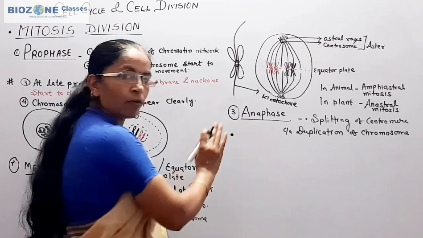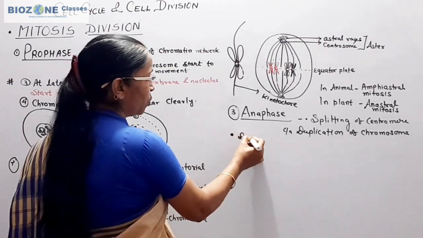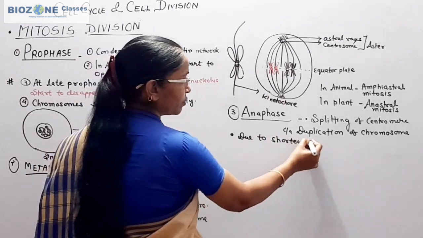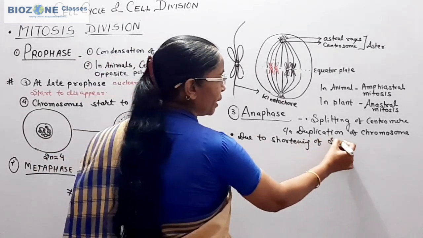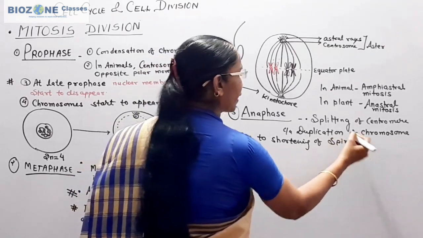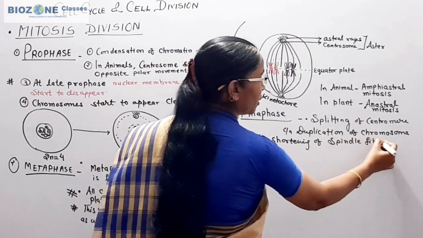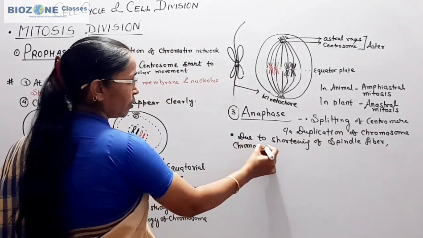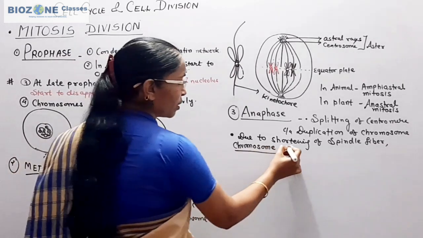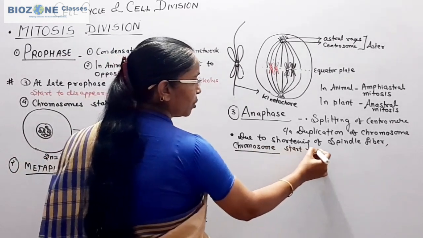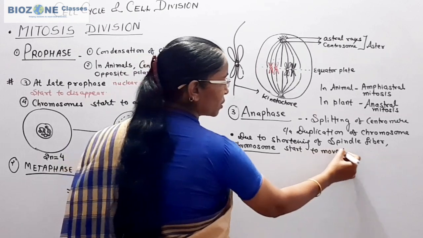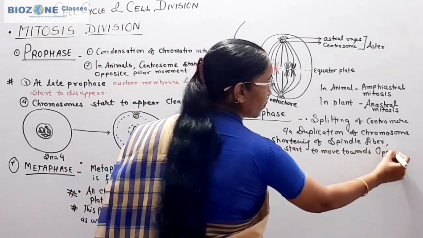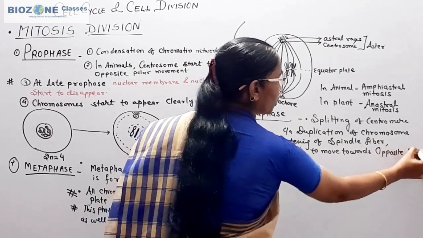Second character of anaphase: due to shortening of spindle fiber, or contraction of spindle fiber, chromosomes, that is chromatids, start to move towards the opposite pole. So this part you remember.